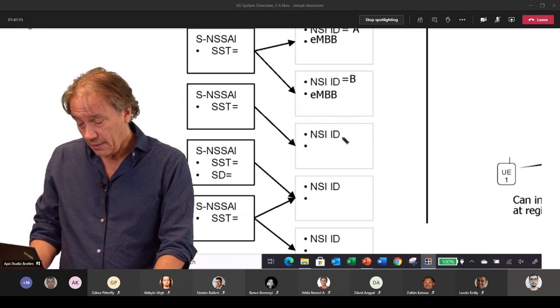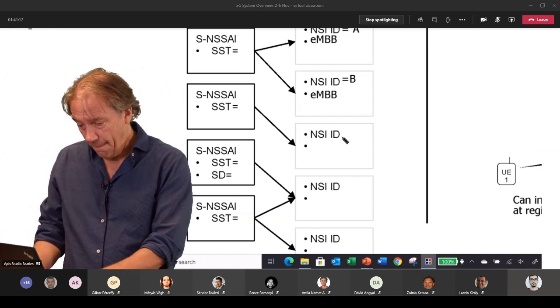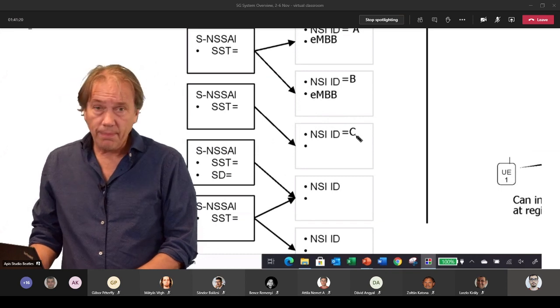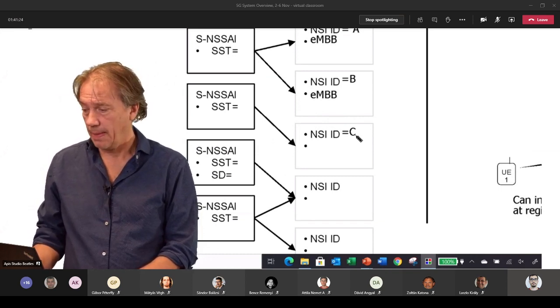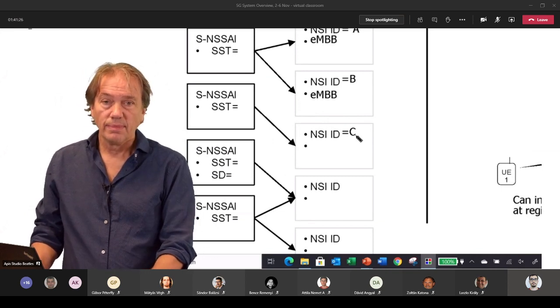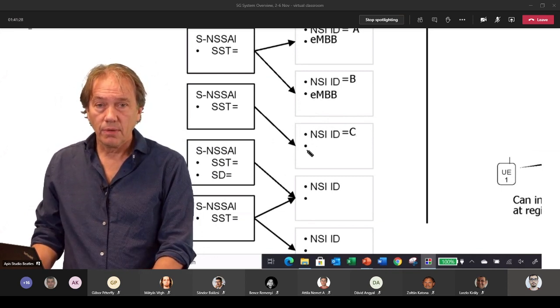Network slice instance ID C is a URLLC slice.